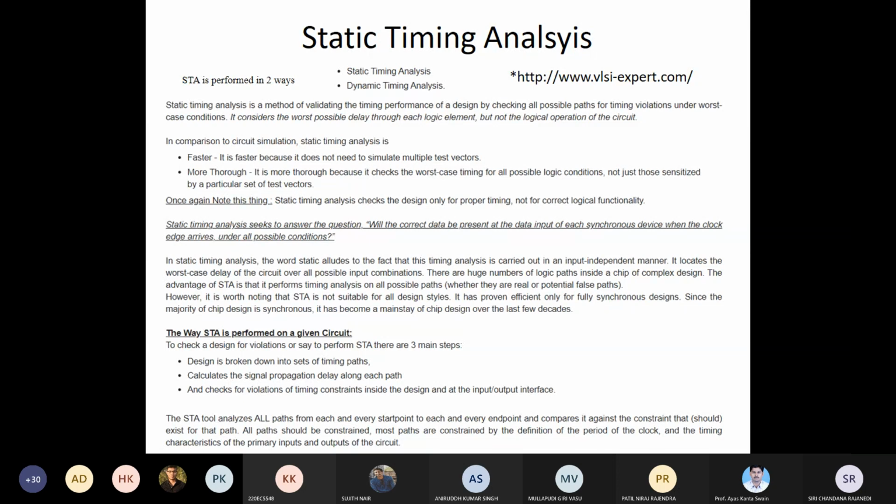It's not possible because today's systems are very complex. You will find 1 lakh or 1 crore transistors inside this. So that's why corresponding tools have been developed, and you can analyze each path individually and perform the timing analysis through sophisticated or advanced tools.